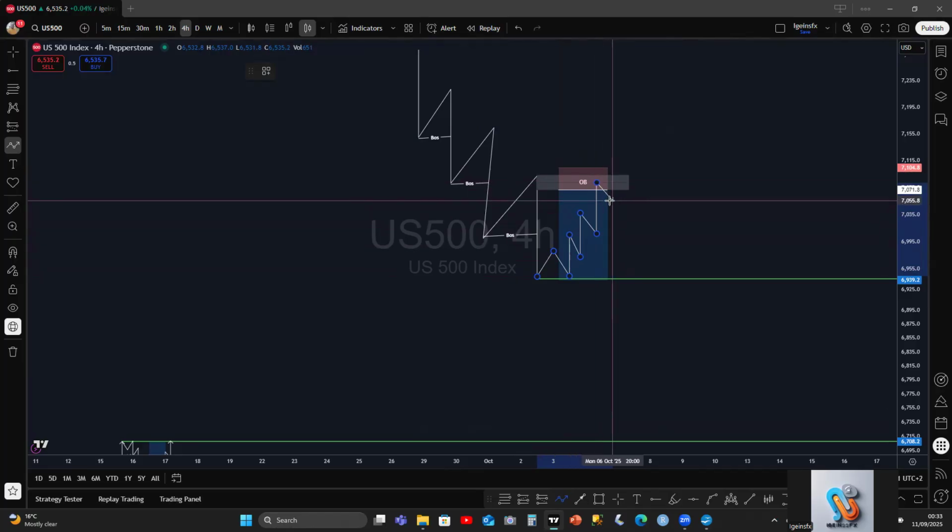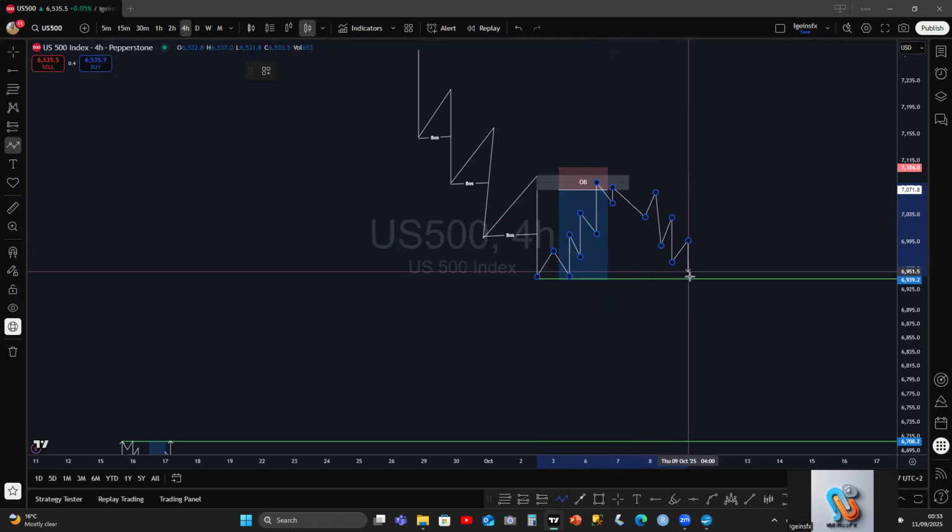Then price will push to the downside, creating support, push to the upside, creating resistance. This time around, it is not going to violate this point, it's just going to create a lower high. Then the next point is price giving us a market shift, pull back, breaking structure, pull back, breaking structure, pull back, and breaking structure.